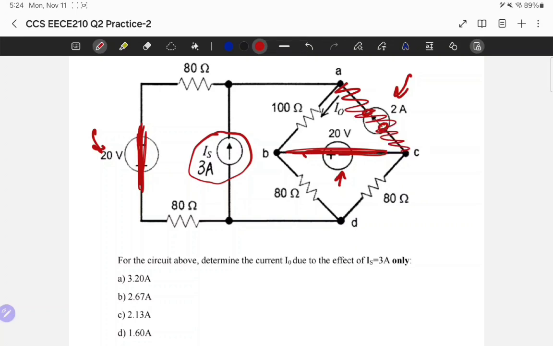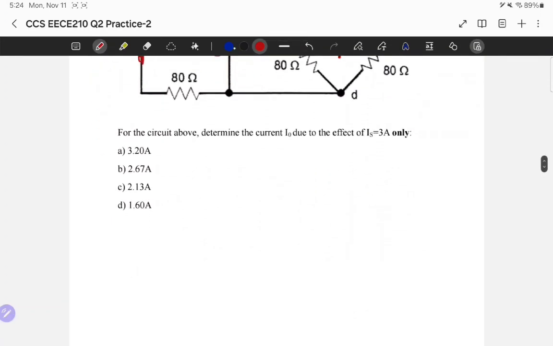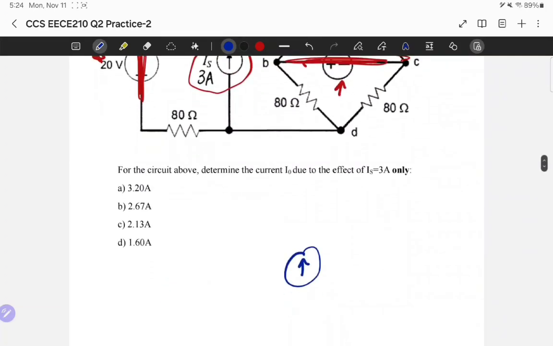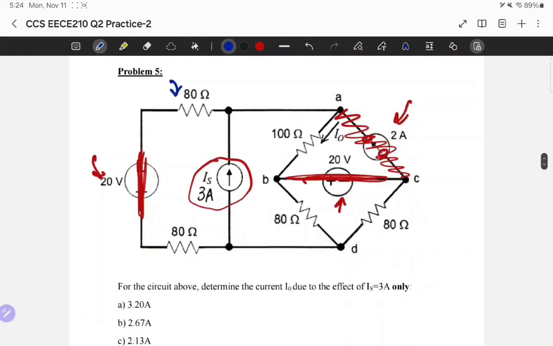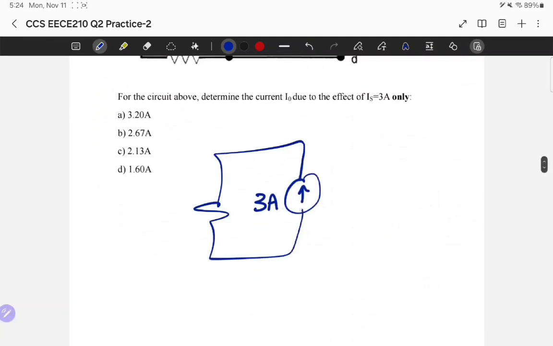Okay, let's redraw the circuit. I'm going to have a current source in the middle. This is going to be 3 amperes. And I have 80 in series with 80, so 80 in series with 80 is going to be 160.